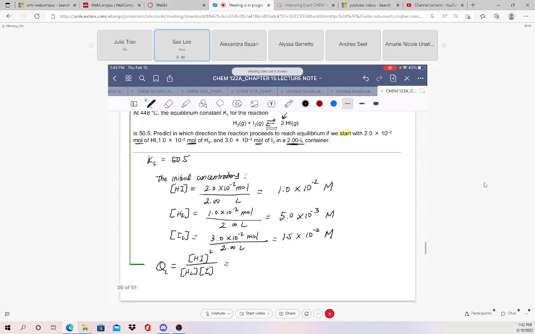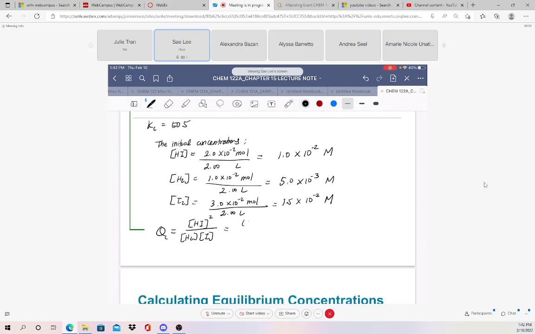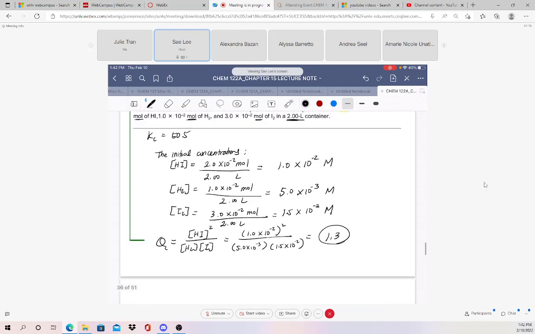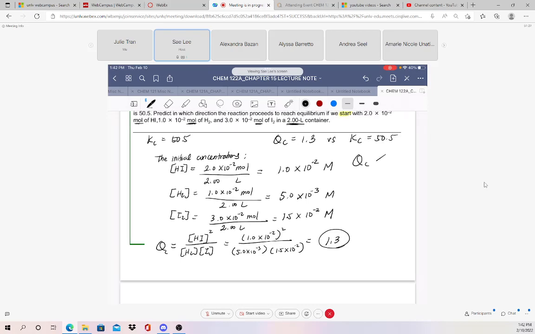So that's going to be 1.0 times 10 to the negative 2 squared, divided by 5.0 times 10 to the negative 3 times 1.5 times 10 to the negative 2. That's 1.3. So we have Qc of 1.3 and Kc is 50.5. So we know that Qc is way less than Kc.